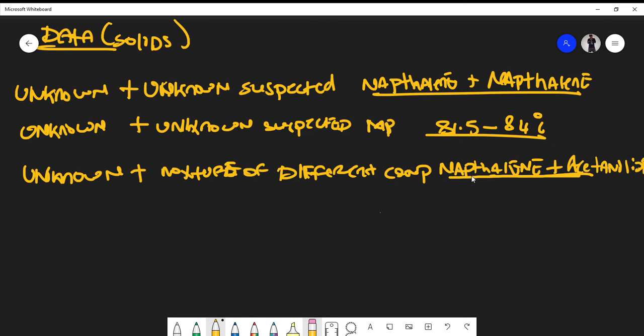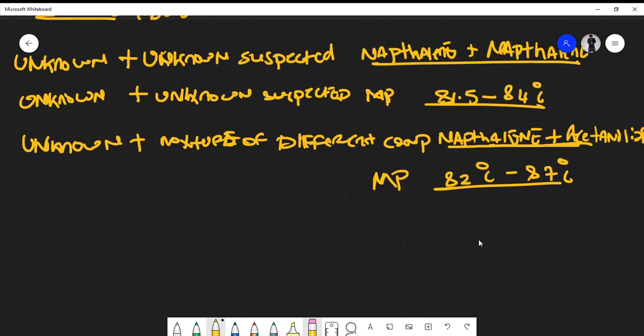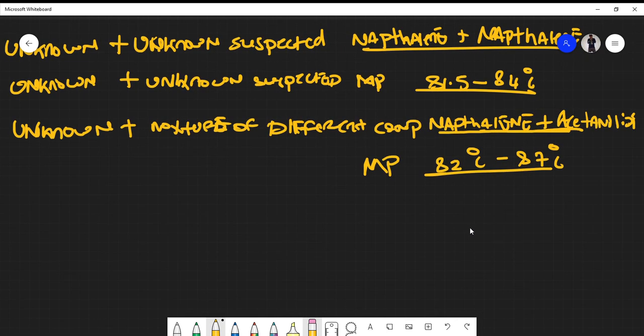And then I took the melting point of this mixture, and I actually got 82 degrees C to 87. So that was the melting range. So you can see that it is way higher than mixing both naphthalene and naphthalene. And I took my unknown again. So you actually do this twice.